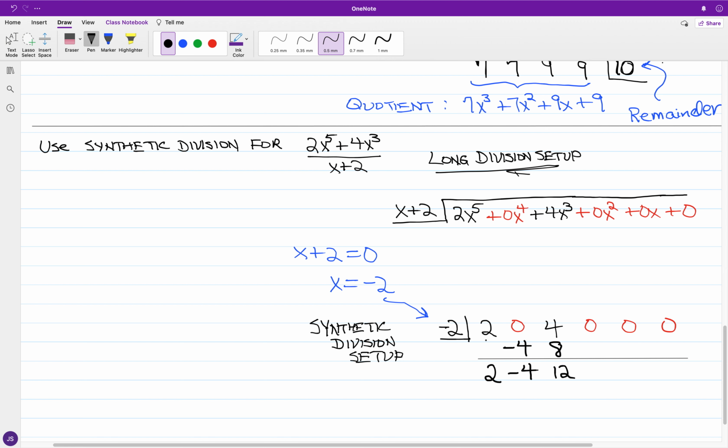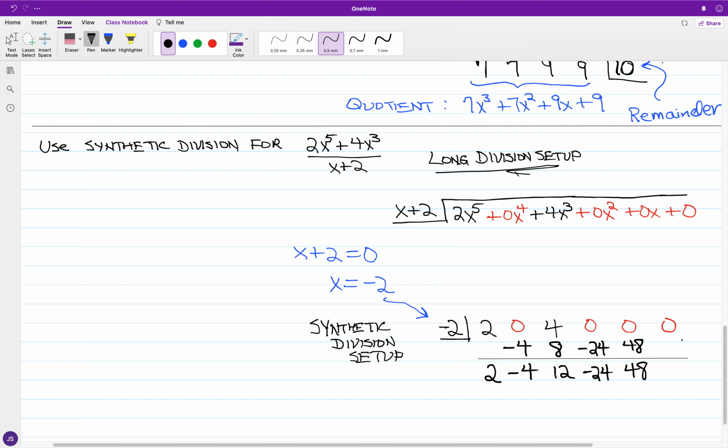Taking that sum, negative 2 times 12 is negative 24, and 0 plus negative 24 is still negative 24. Then negative 2 times negative 24 is a positive 48, and 0 plus 48 is 48.